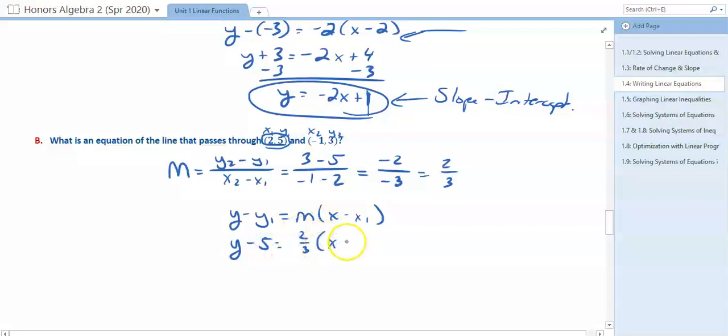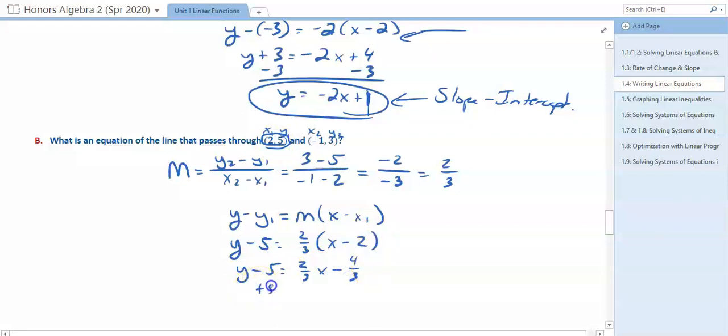Whereas in slope-intercept form, in point slope form you'll see different numbers in there, but it will be the same line that comes out when we graph it. But in slope-intercept form, it will be the same equation in the end. 5 is y and the 2 is x. So when we distribute this 2/3, we're going to get negative 4/3.